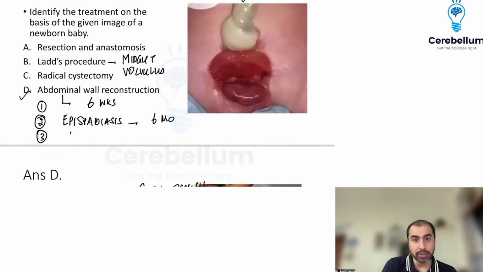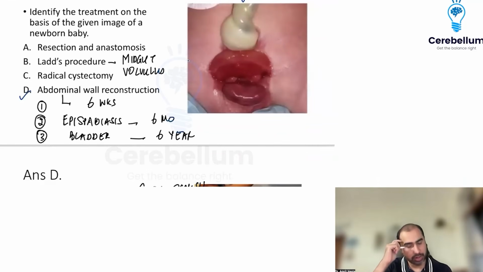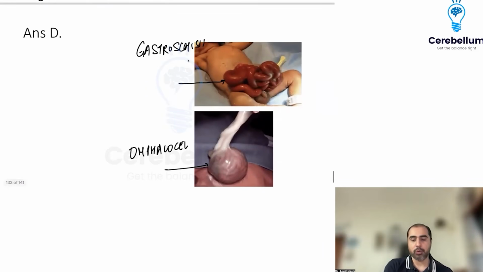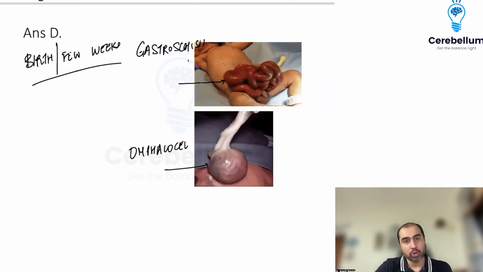And whatever problems are there in the bladder, if at all, that will be done at 6 years. So bladder repair will be done at 6 years. That is the timing of repair. These conditions have to be repaired at birth or in the first few weeks. The problem is, if the hole is very big and so many things are out, how do you put it back at birth?